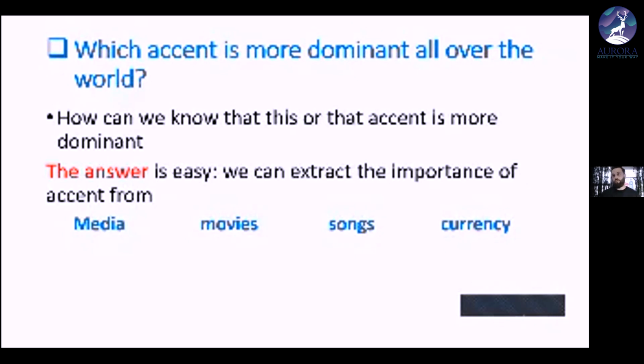If you want to go to Lebanon, for example, for tourism, what kind of currency do you have to take with you? Yes, it's US dollars, of course. It's the more dominant there.